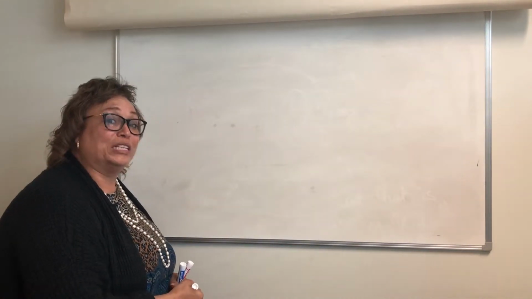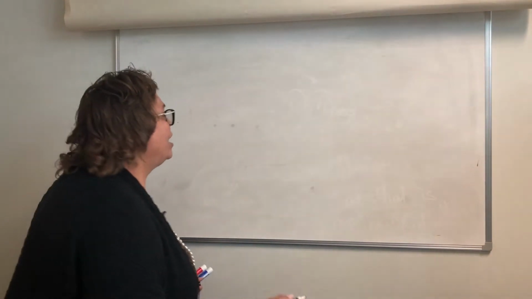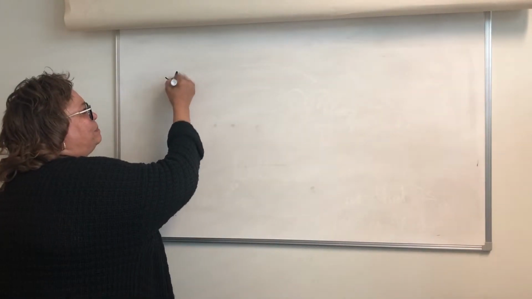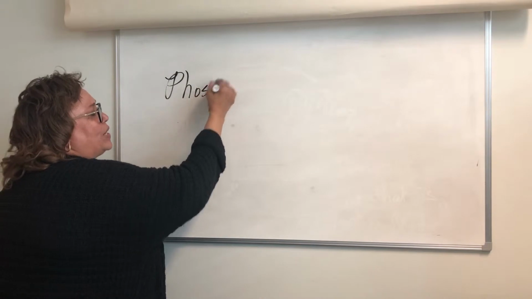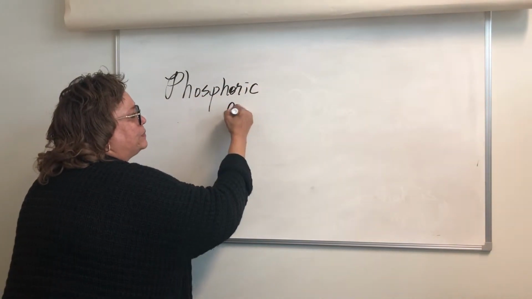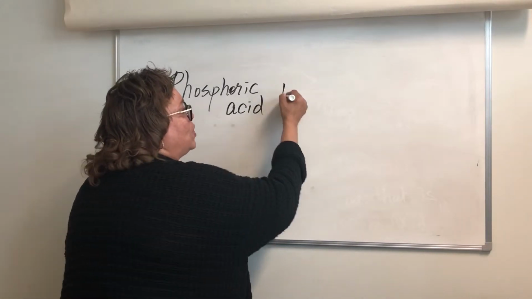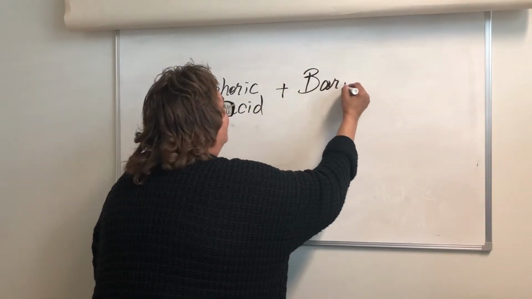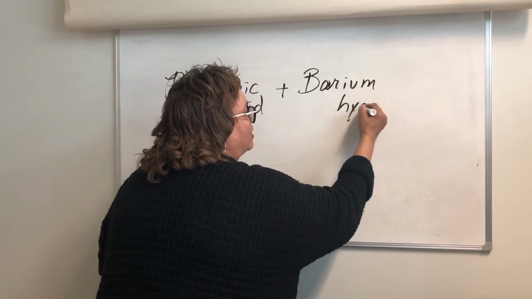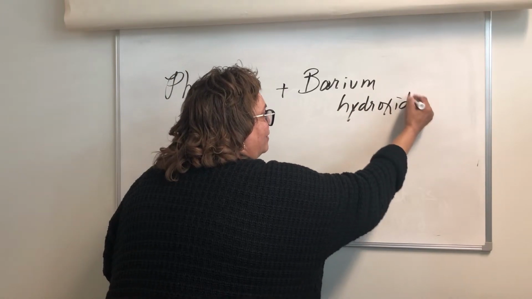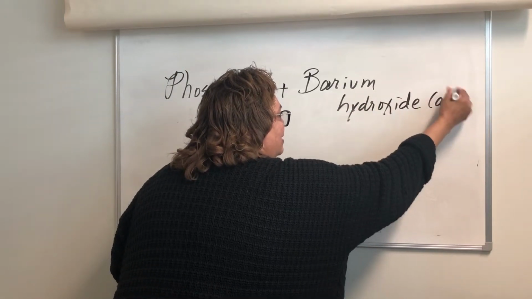Now, guys, let's do a little bit more complicated reaction. So let's take a little phosphoric acid, and let's put that inside of a container with some barium hydroxide, aqueous.